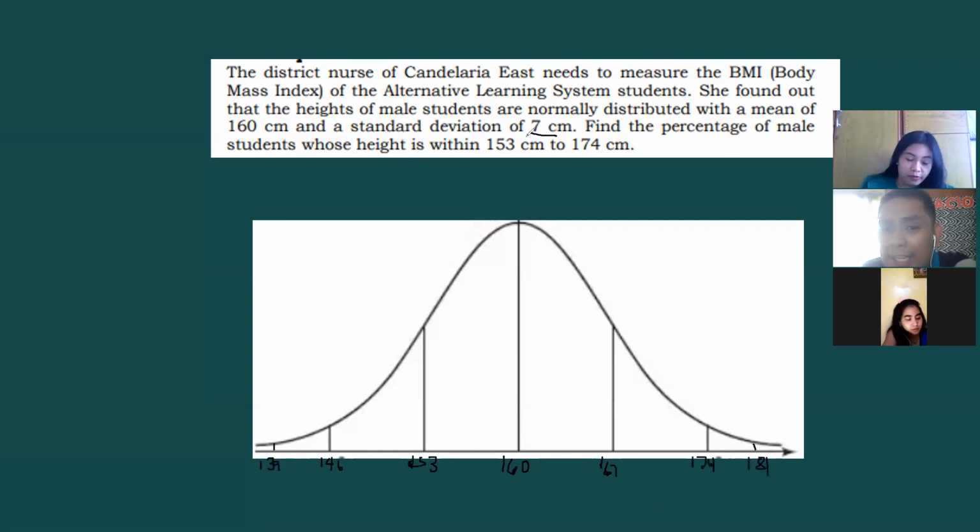Tandaan, ang sinusunod natin ay standard deviation. Okay po? Ngayon, ang tanong, ano raw percent ang 153 to 174? Tandaan, ito ay 34. This is 34.